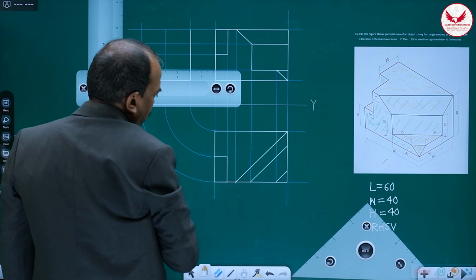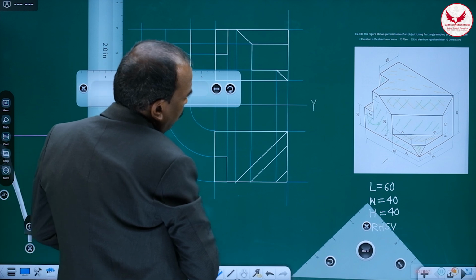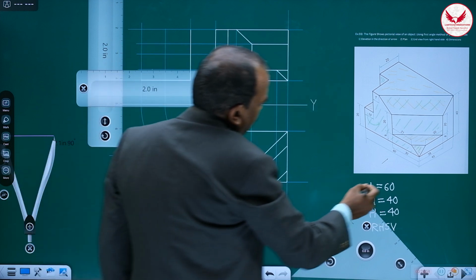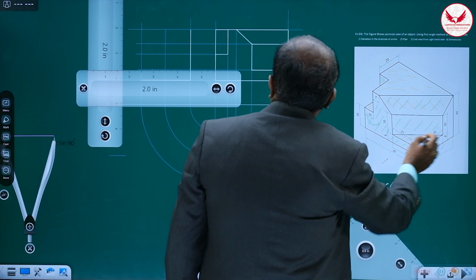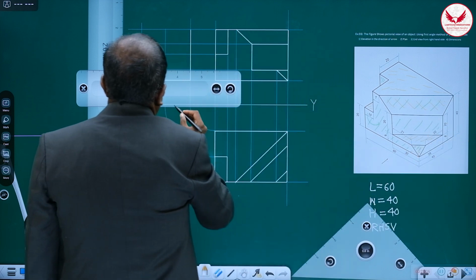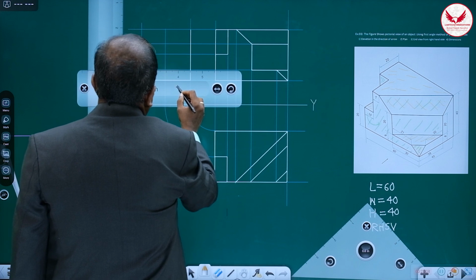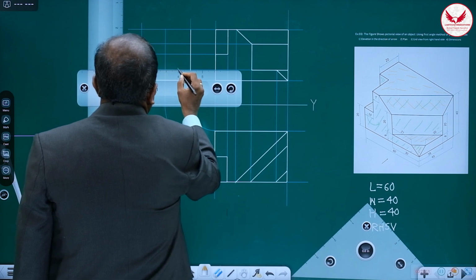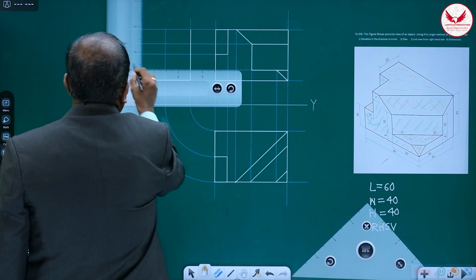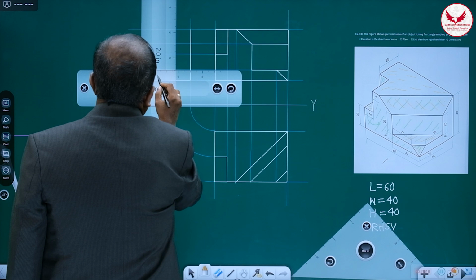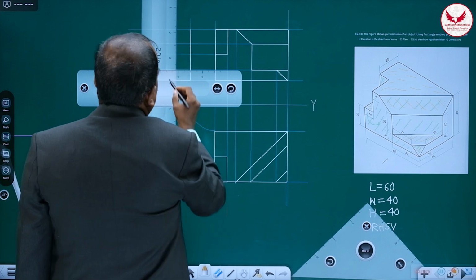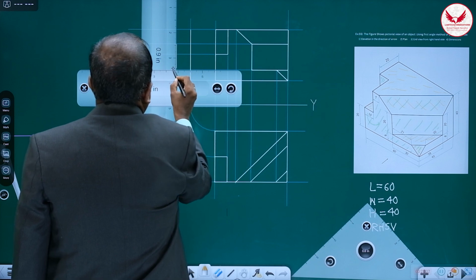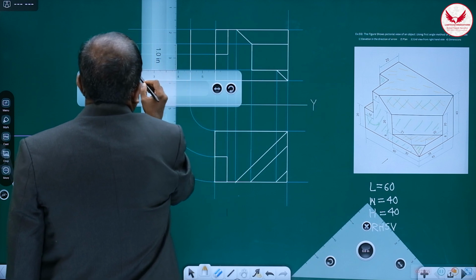And up to 8 mm, the width of this portion is 28, means the remaining portion is 12 only. So that 12 you can mark. It is 10 and it is 12. So that 12 you can mark like this.